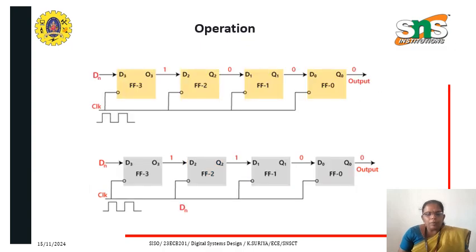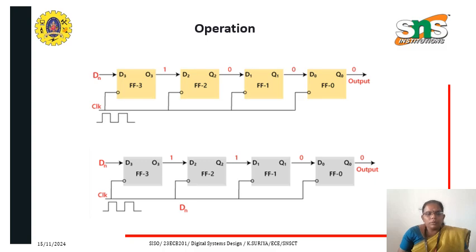Next, we will see the operation of SISO. When the clock signal application is disabled, all the outputs will be equal to 0. The LSB bit of the number is passed to the data input D3. We will apply the clock and this time the value of D3 is 1. The first flip-flop, that is flip-flop 3, is set and the word is stored in the register at the first falling edge of the clock.